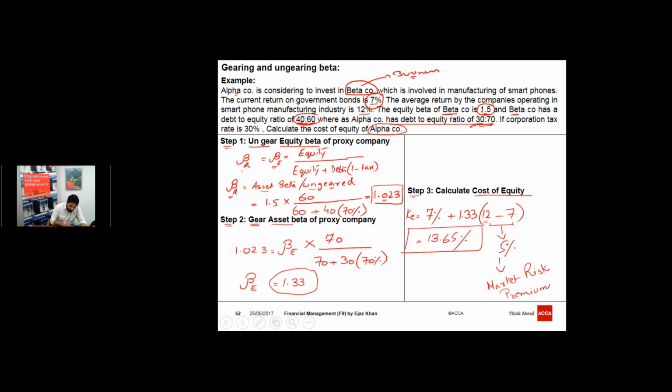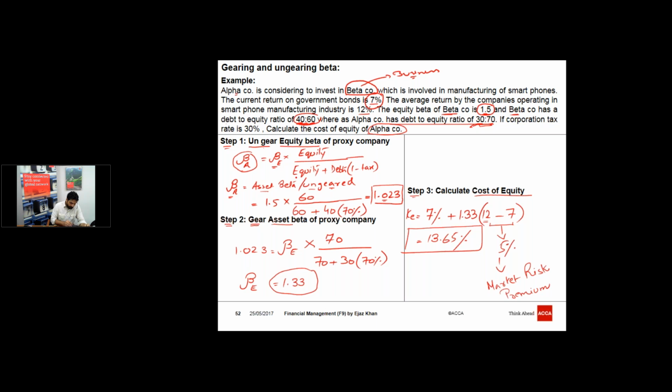And this we can do by ungearing this equity beta. So we have a formula for gearing and ungearing the equity beta. The ungeared beta is equal to the geared beta times equity divided by equity plus debts.